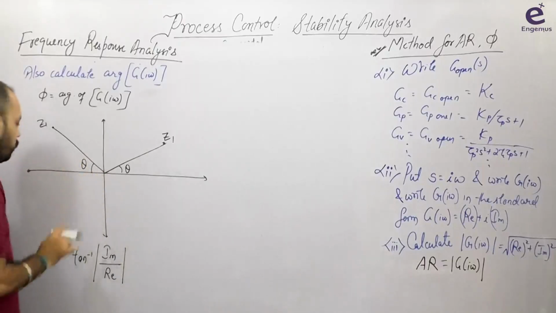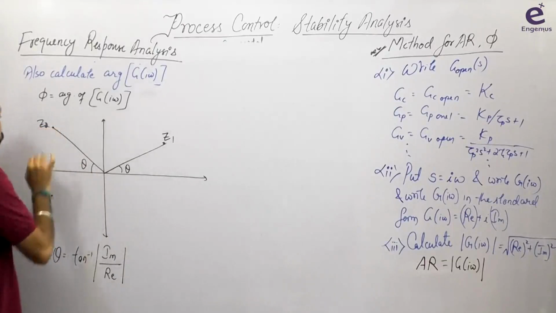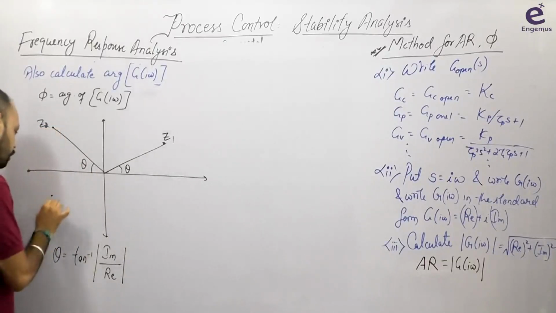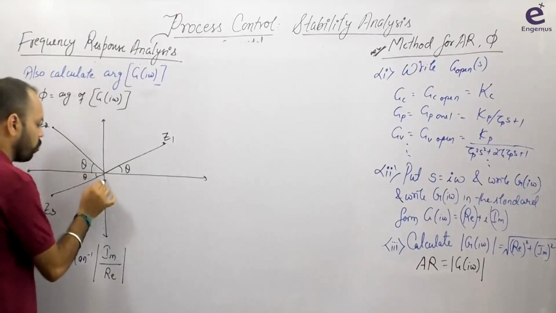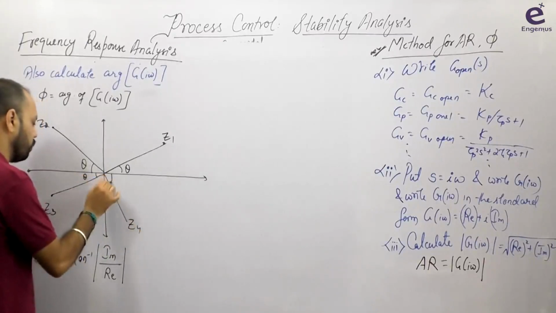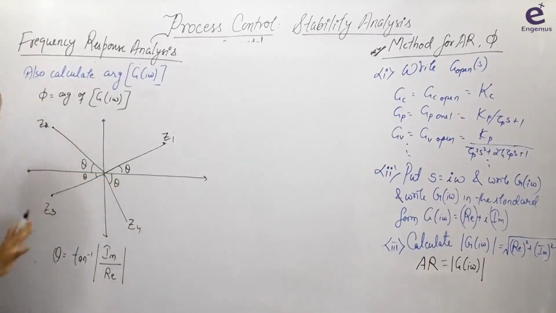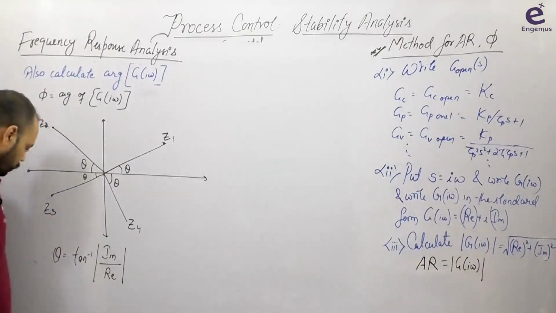Theta is just the angle. Your complex number lies in the Z2, you can say, Z3 in the third quadrant. This is the theta. Your complex number lies in the fourth quadrant, Z4. This is the theta. Okay, this is not augment, this is the theta. Now theta can be calculated as tan inverse modulus of imaginary by real.